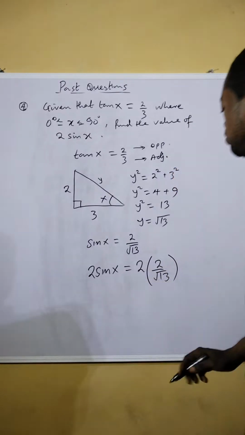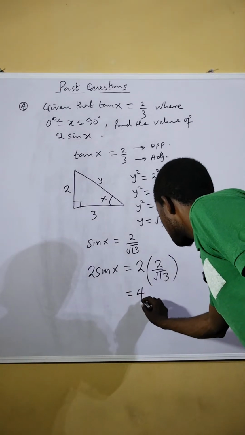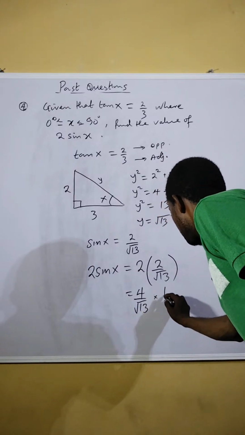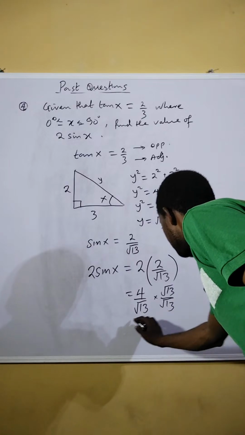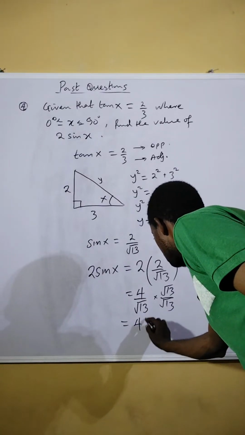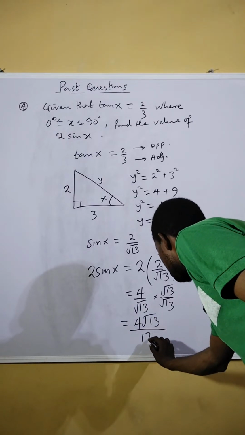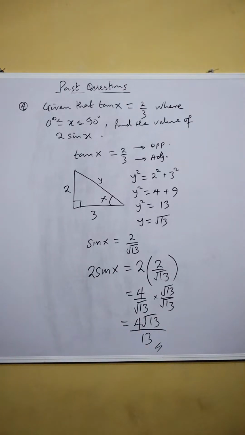So this is what we have. And then it implies this is also 4 over root 13. And we can rationalize this and multiply by root 13 and also divide by root 13. And here, this implies we have 4 root 13 over root 13 times root 13, that's 13. So here we have the answer to this. So that's 4 root 13 over 13.